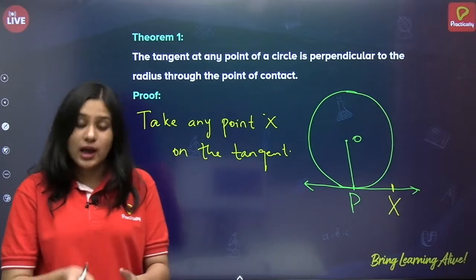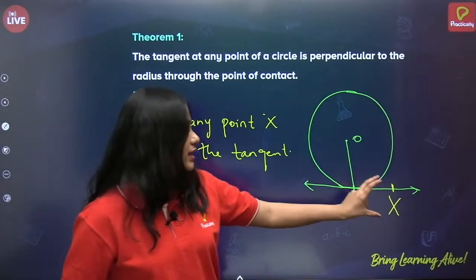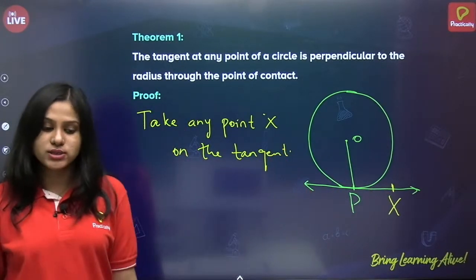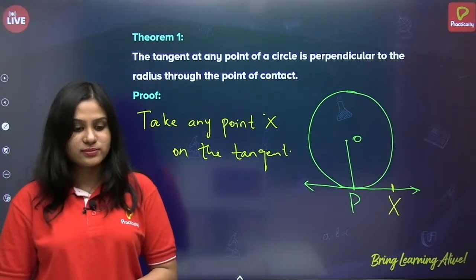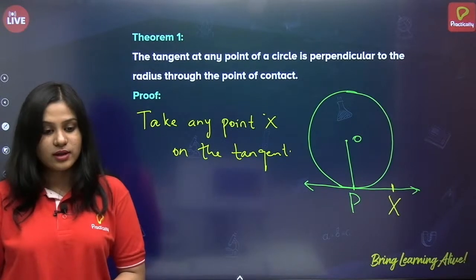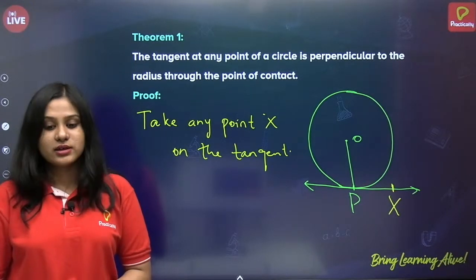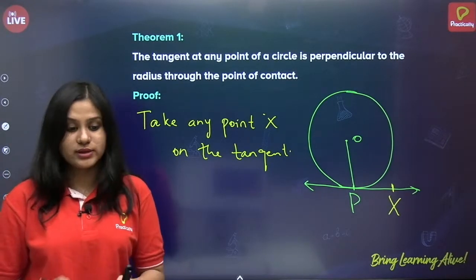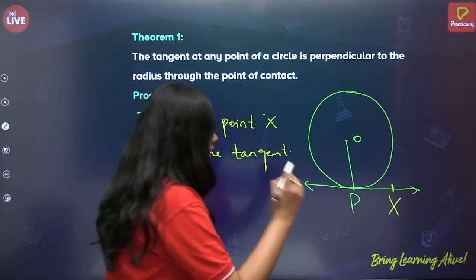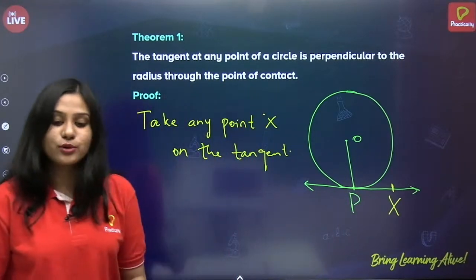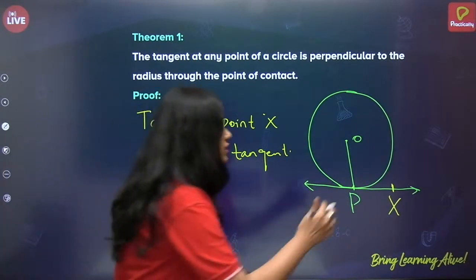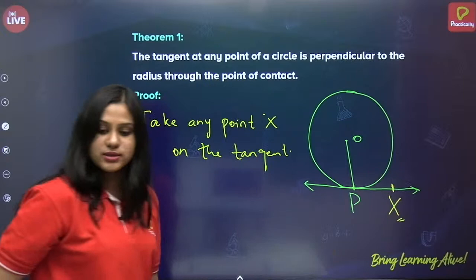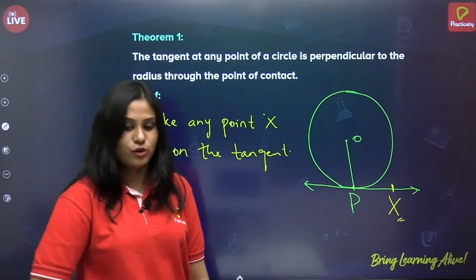Is there a chance that this point X which I took can be on the circle? It cannot be on the circle. Why? Because we know that a tangent meets the circle at only one point, correct? And there's only one point of contact. So this X has to be outside the circle, correct? Very good. No, the answer is no.